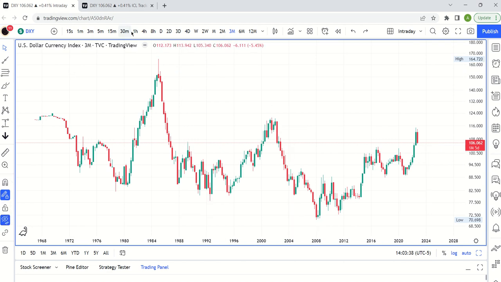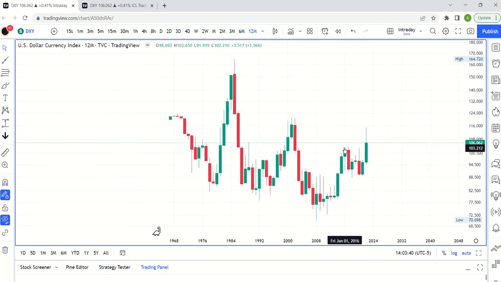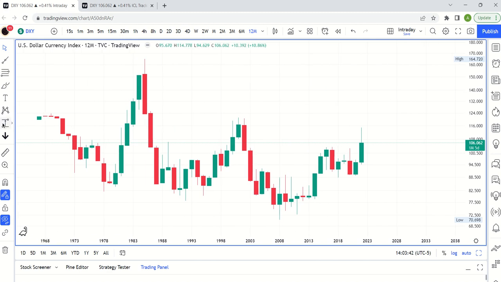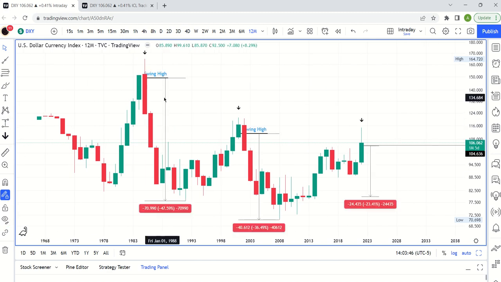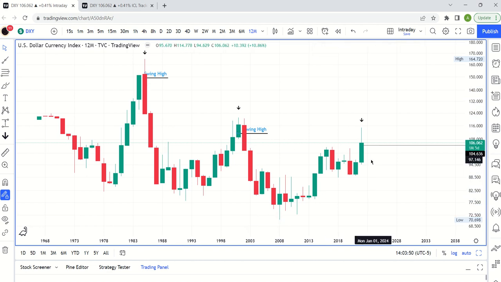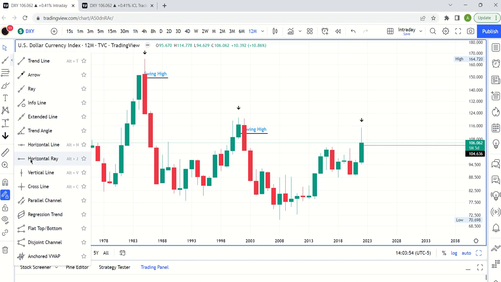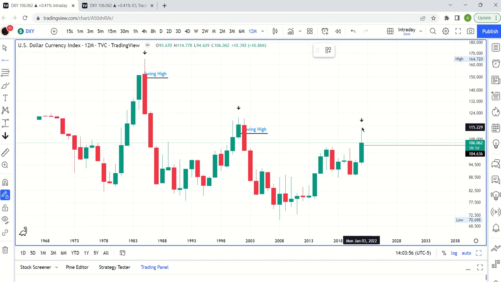I'll take off these drawings, and I'll just add a 12-month candle. So actually, I'll have to add the drawings back. If we get rid of these percent declines for a second here, and we just think about what 2023 is going to look like, no matter what, we're going to have an inside candle to start the year, right? We know that for a fact.